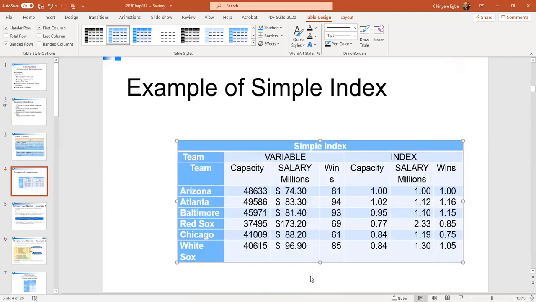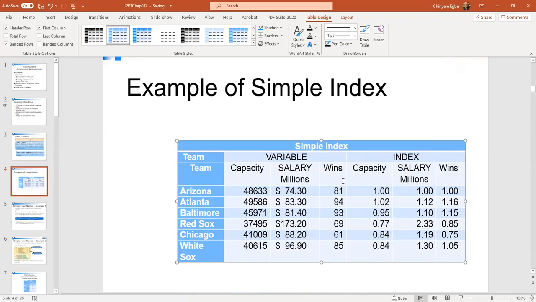Now, I'm trying to use this very simple example. You have different teams: Arizona, Atlanta, Baltimore, Red Sox, Chicago, White Sox.